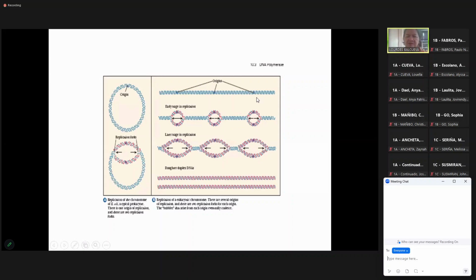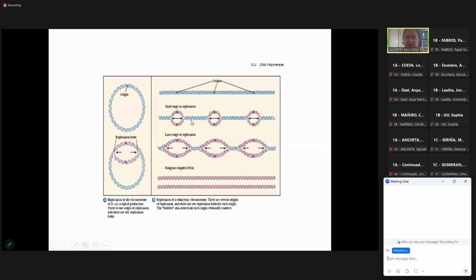Okay, so what is the compensation there? There will be several origins of replication. Okay, so there will be several origins of replication, and each of these bubbles is called a replicon, and in the same manner, it is bidirectional.